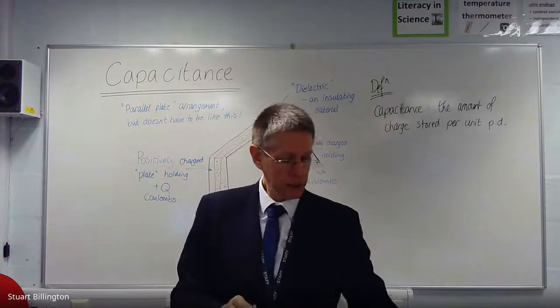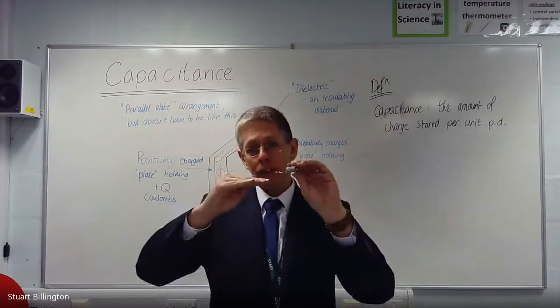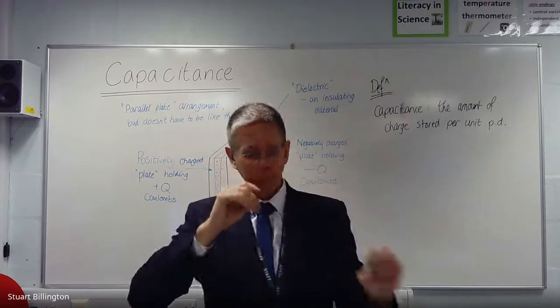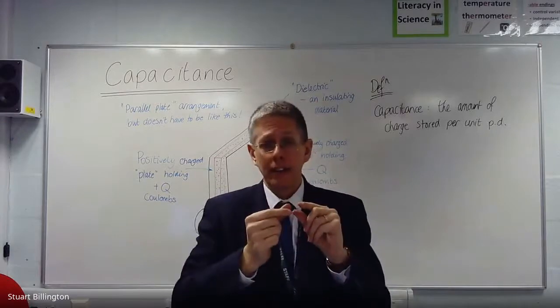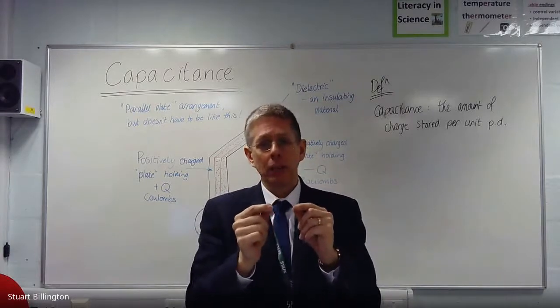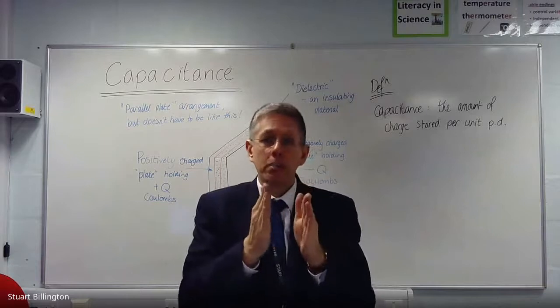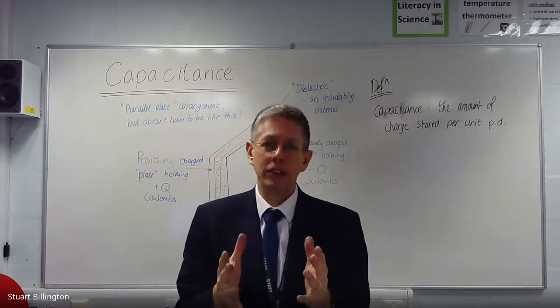So when capacitors are made, when the dielectric is put inside them, it's often orientated in such a way that the molecules are lined up in the direction that prevents maximally the flow of electrons.